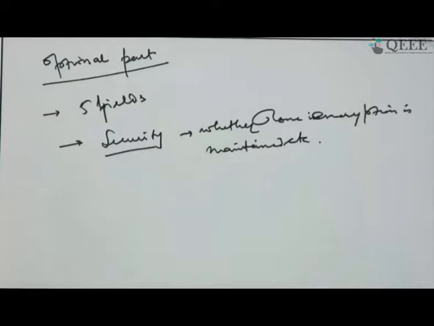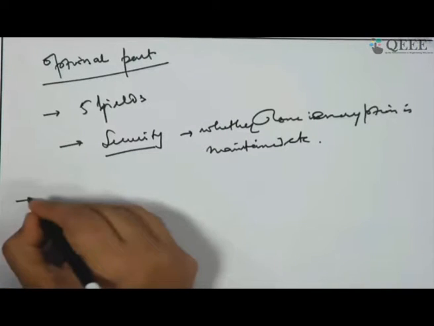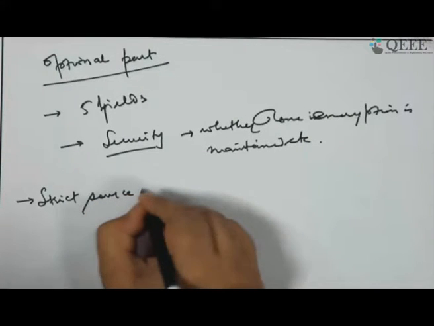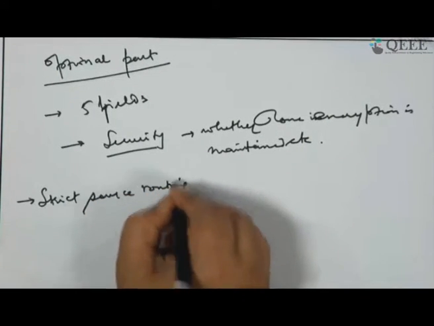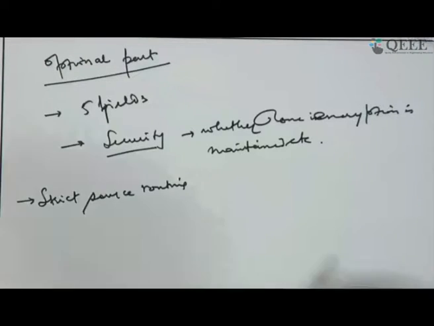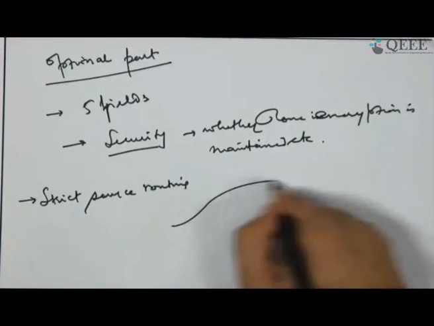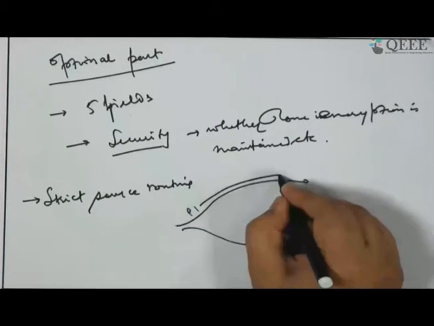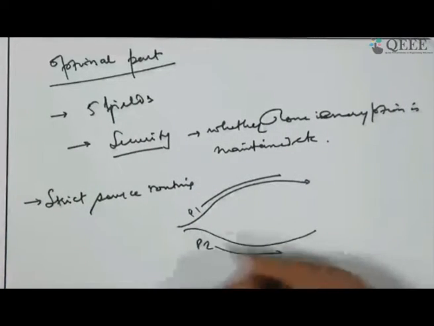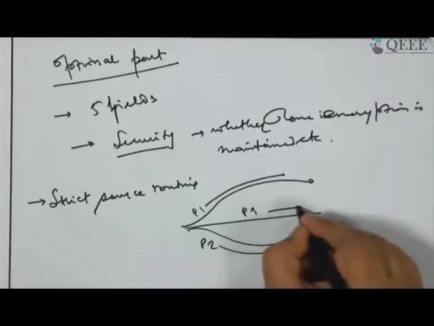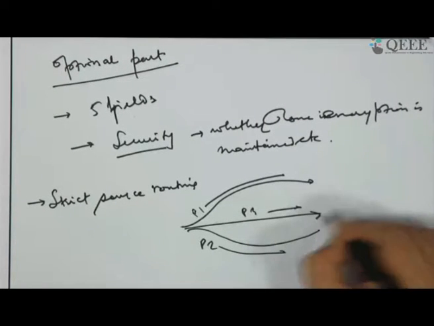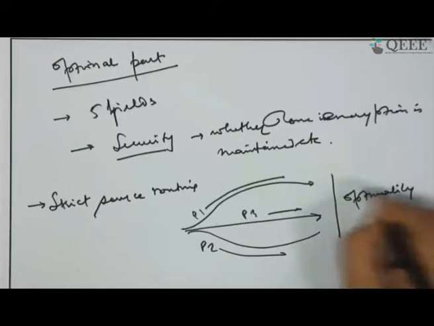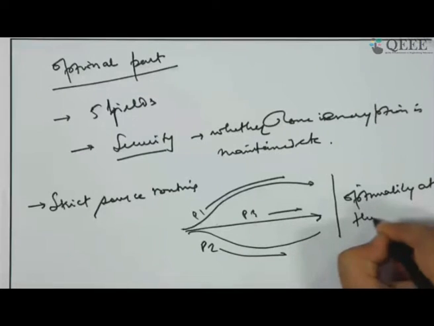The second is strict source routing. So, what is happening in routing? We have seen that the routing path can vary. So, packet 1 going this way, packet 2 going this way, packet 3 going this way, according to the optimality at those points.